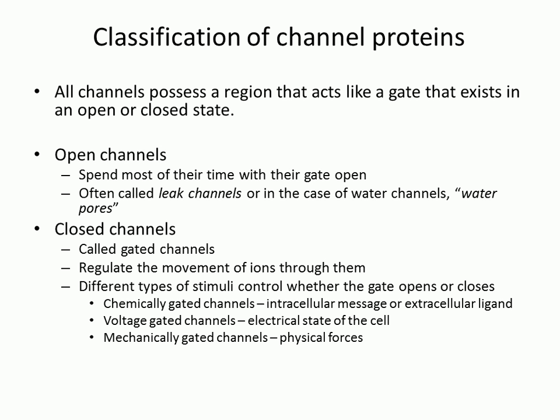Even if we took these doors and we nailed them to the walls, there's still doors there. They're just non-functional doors. And so open channels spend most of their time with their gates in the open configuration. And so when we talk about open channels, we refer to them as leak channels because they allow whatever their particular ion is to leak in or out of the cell. If it happens to be a water channel, we call them water pores because it allows water to move in and out of the cell.